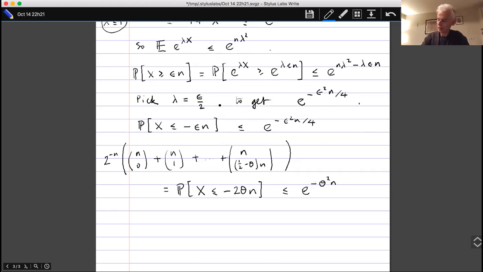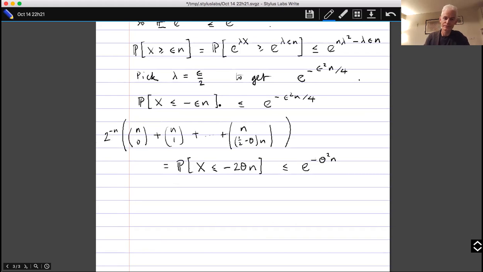I'm wondering whether I had anything else to say here. I think I just want to make one final remark, which is that it is useful to have a slightly better bound for n choose alpha n.